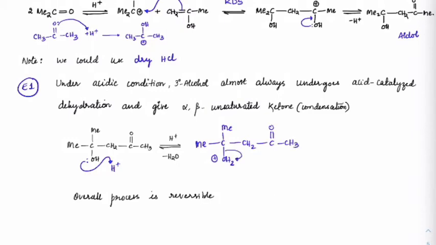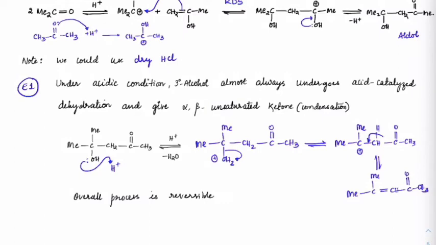This H2O will be removed, so we will get Me plus, CH, C double bond O CH3. This bond is broken to make this a double bond, so we will get Me, C double bond CH, C double bond O CH3.